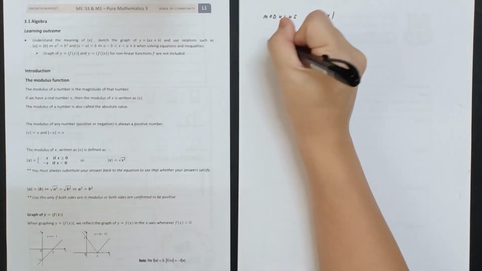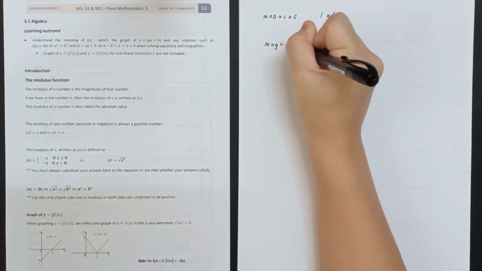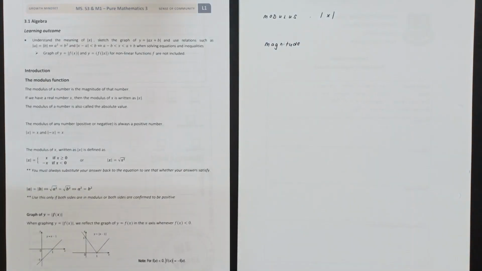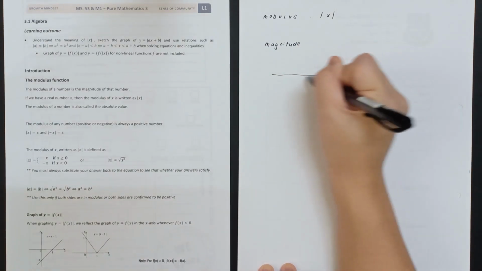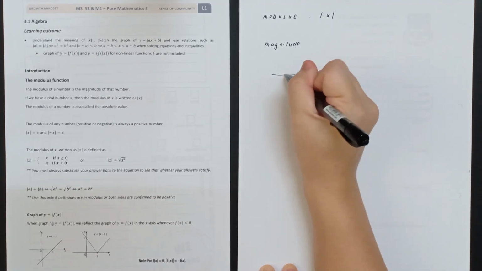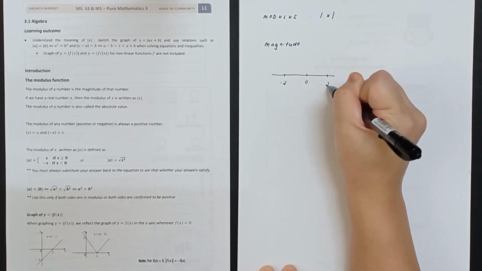Magnitude means that the number only indicates the size but not the direction. For example, let's say I have this number line. This is 0, and I have here -2 and the other 2 here.